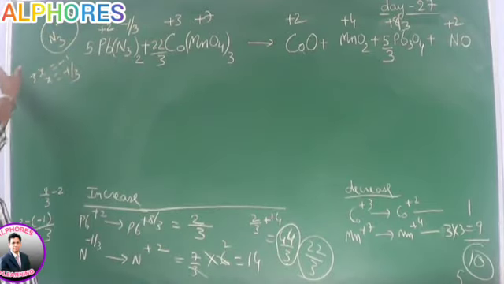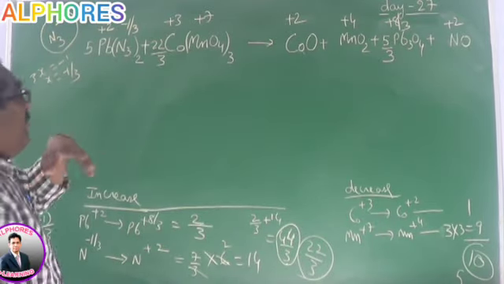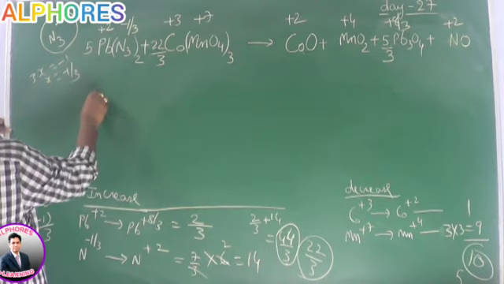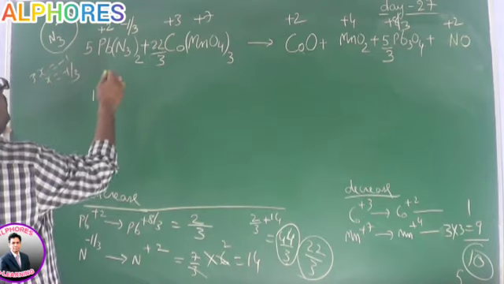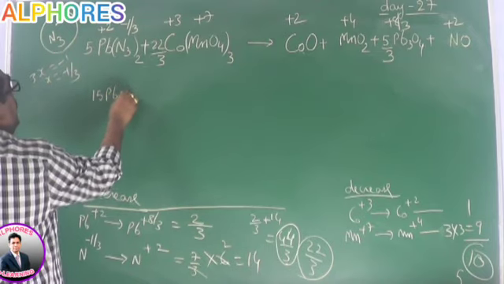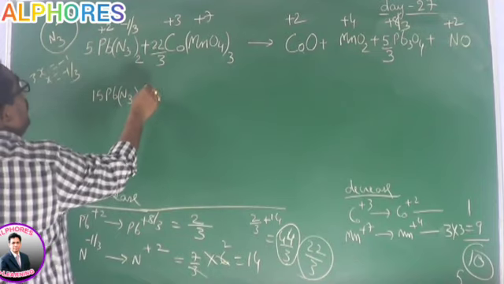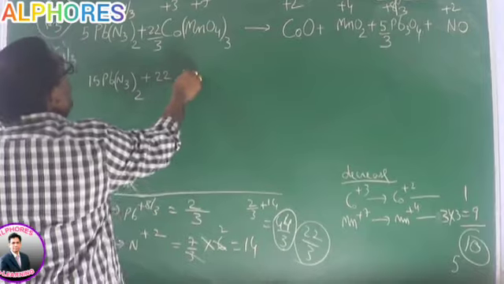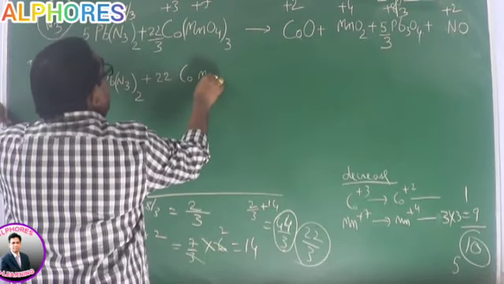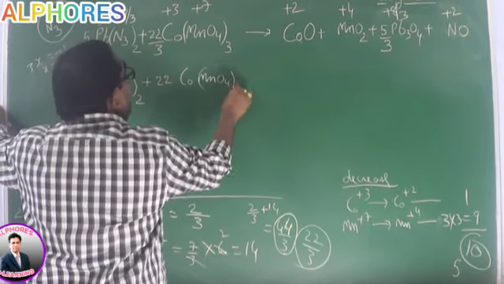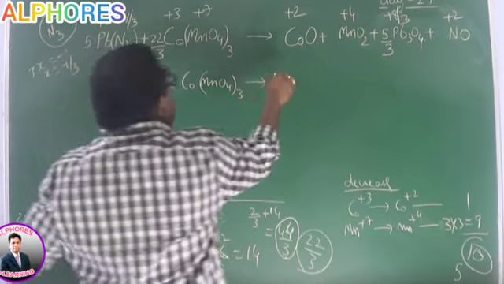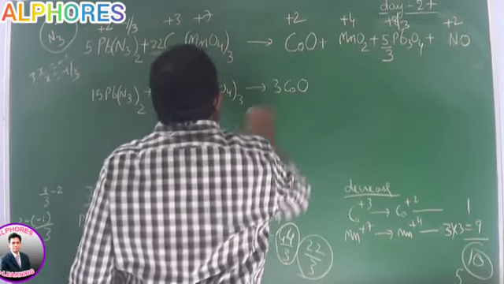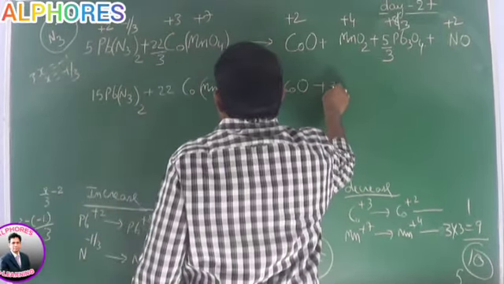Now multiply the equation throughout with 3. So 15 Pb(N3)2 plus 22 Co, MnO4 thrice, 3 again, 3 CoO.